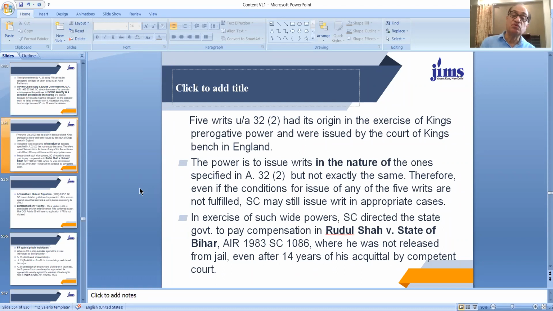So this power to grant compensation is inherent in the power of habeas corpus. Because habeas corpus is a writ, the order passed is in the nature of habeas corpus, not exactly habeas corpus. Habeas corpus means you release Rudul Shah. But the order for payment of compensation is in the nature of habeas corpus. All right.